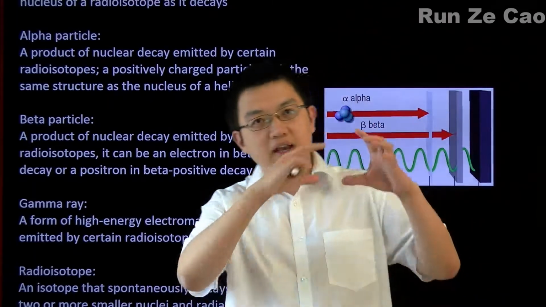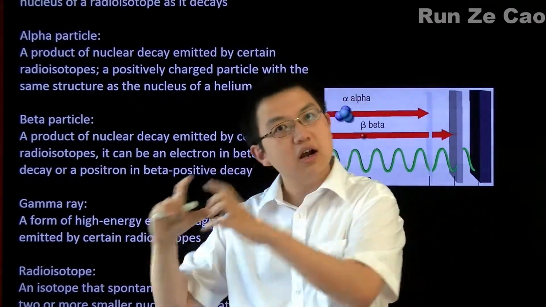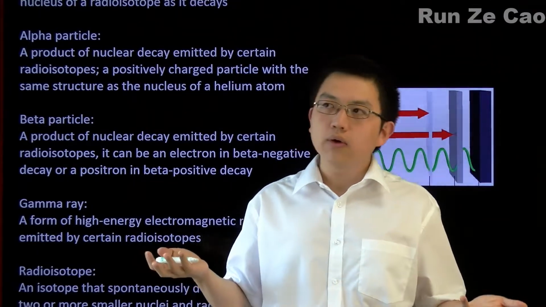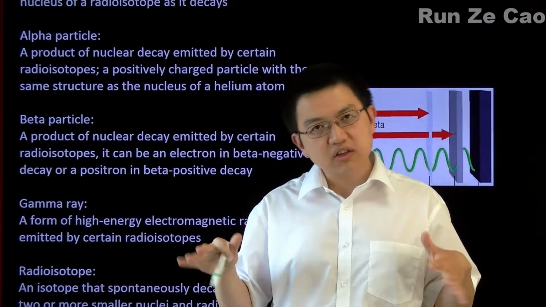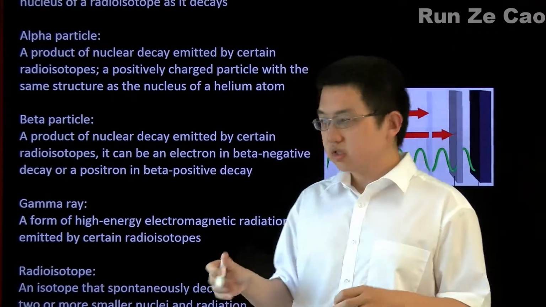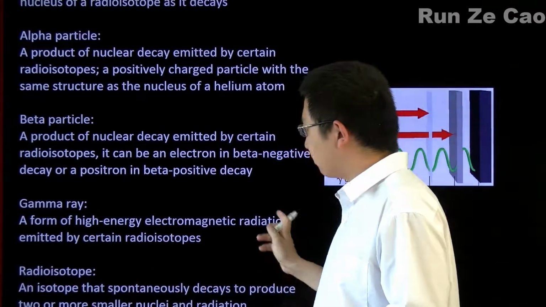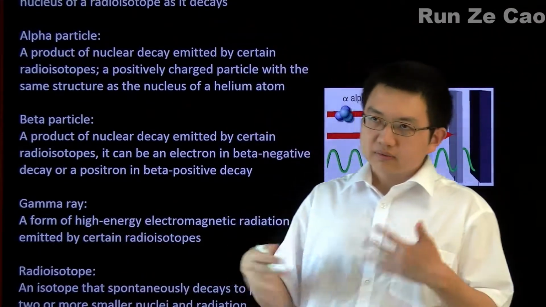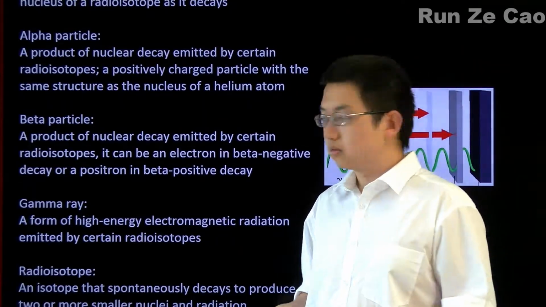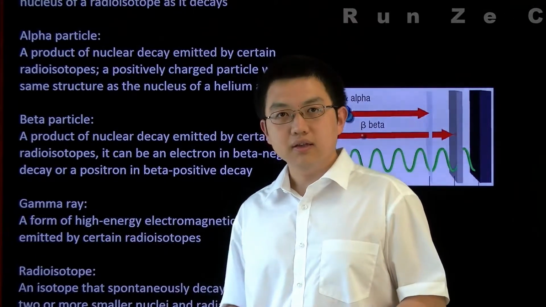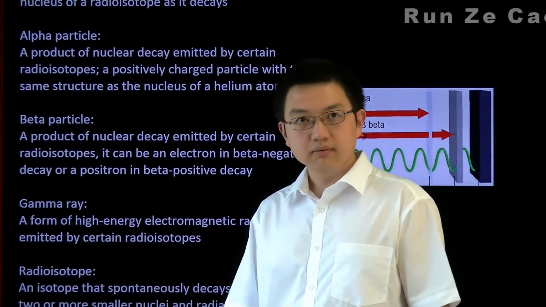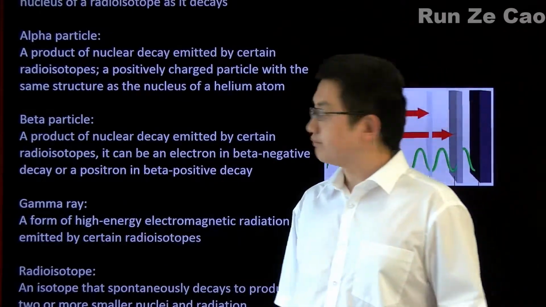Because it goes from being an excited nucleus to a non-excited nucleus, or a less excited nucleus. Well, does that actually change what isotope it is, or what atom? No. So to say that gamma rays come from radioactive decay, well, it depends on your definition. However, most of us agree that we might as well use it because this is often occurring immediately after alpha or beta decay. So why not?